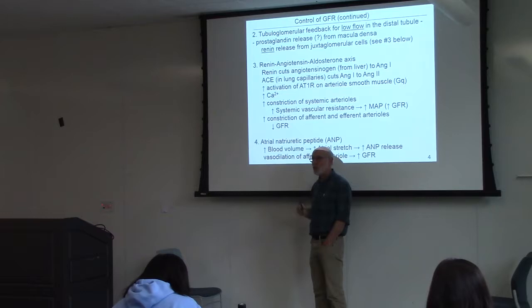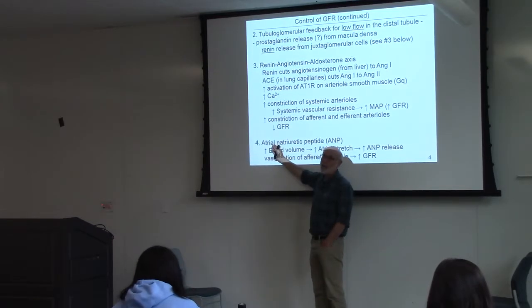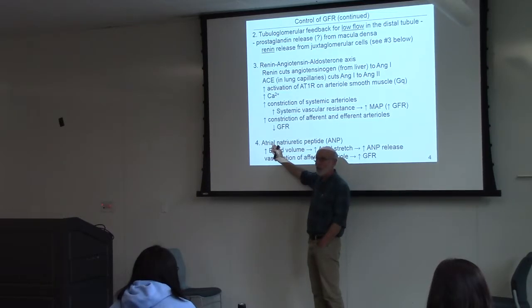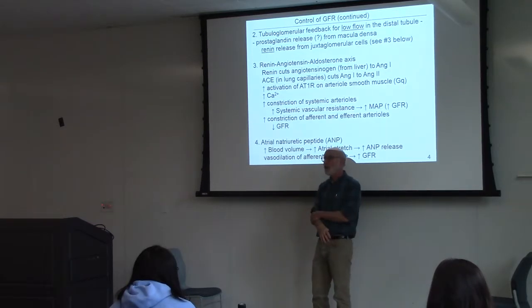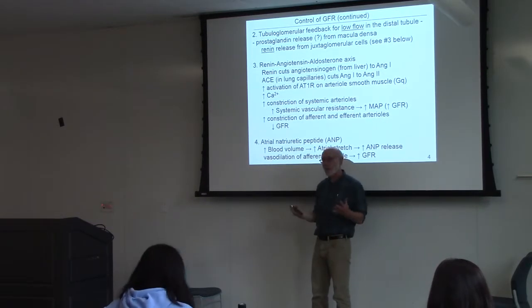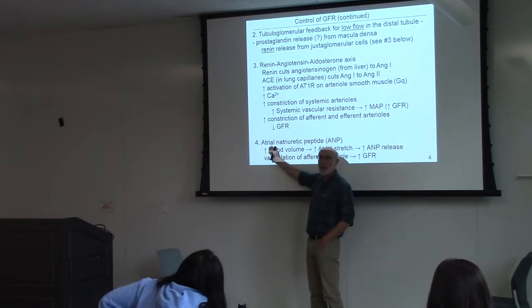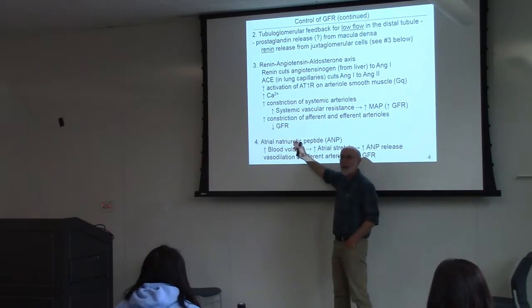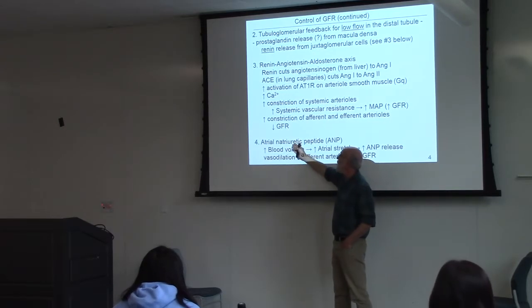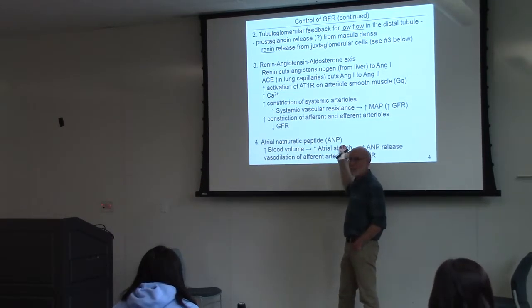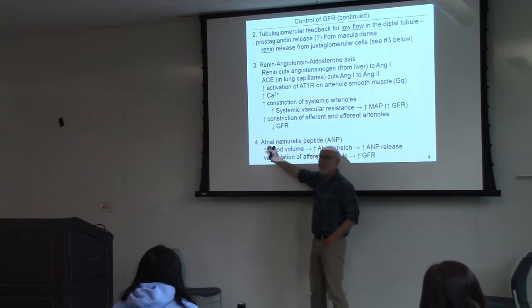So in addition to pumping blood, the atria of your heart is actually an endocrine organ. I don't teach it in endocrinology, in the other A&P class, but you are now experts with the heart, so you deserve to know that the cardiac atria release a hormone called atrial natriuretic peptide, ANP. Okay, so it's from the atria of the heart.